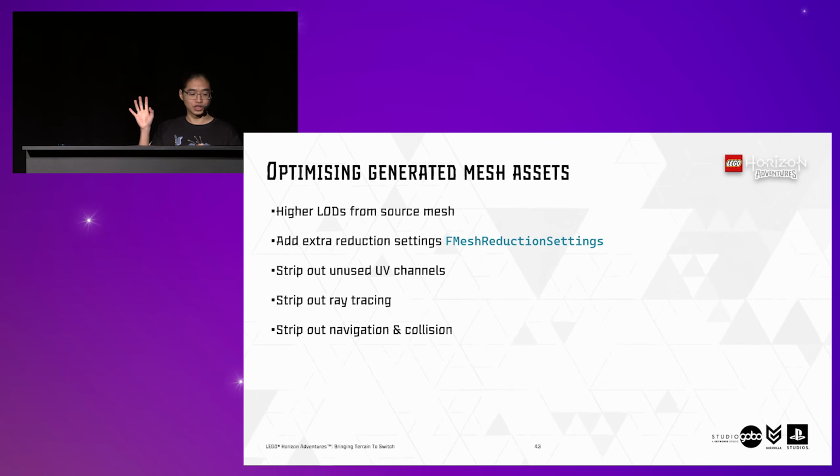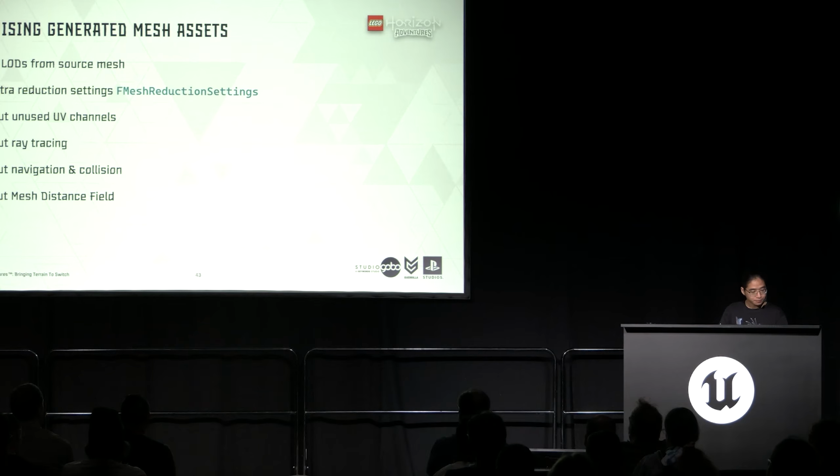Furthermore, the original tiles with navigation and collision enabled are still there. They're just hidden. And also early in the project, we made a decision not to use the mesh distance field on Switch as well. If I recall correctly, it was adding like 2.5 milliseconds for the base pass or something like that. So that goes as well.